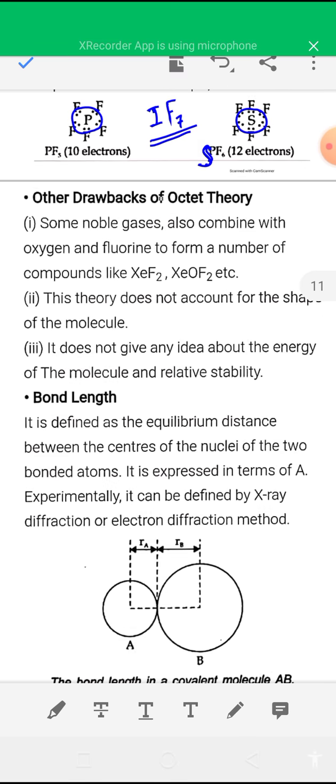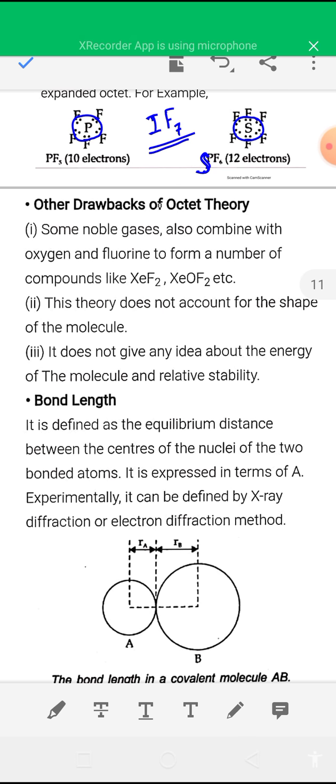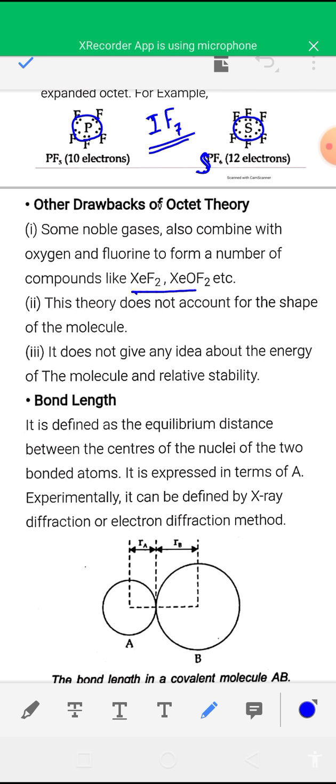Other drawbacks of the octet theory are also given. Some noble gases also combine with oxygen and fluorine to form a number of compounds like XeF2, XeOF2. We generally know that noble gases do not form any chemical compounds.